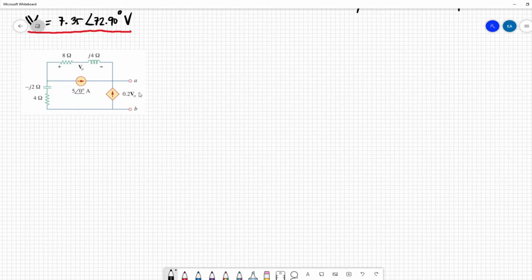Now to solve for ZTH, we inject a voltage source at terminals AB. Let's label this source as VS, and then we have a current I. Our ZTH is equal to VS over I. Then we need to turn off this current source, so this is turned off.